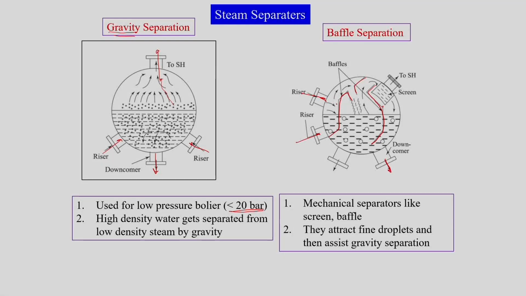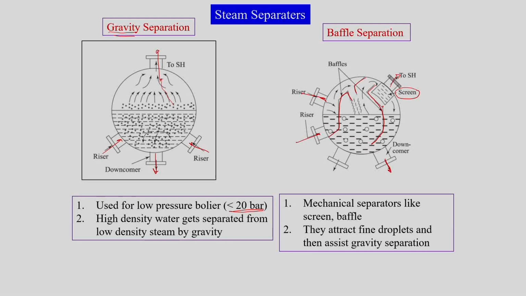The water droplets get settled on the baffles, and then they settle down in due course of time into the drum, and only vapor will pass toward the exit. But at the exit we will have some more screens placed which will again capture the fine droplets of water, and only steam, which is vapor, goes toward the superheater.